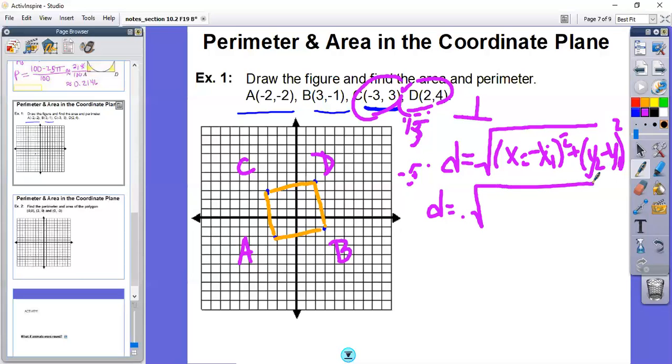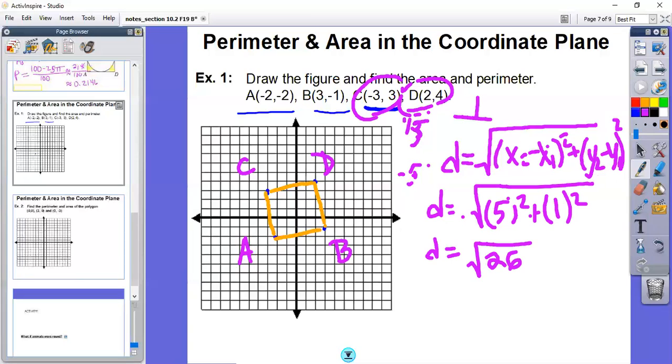But I'm going to eyeball this a little bit. So to get from -3 to 2, that's going to be a change of 5 squared plus a change of 1 squared in the y direction. So my distance there is going to be 25 plus 1, so square root 26.